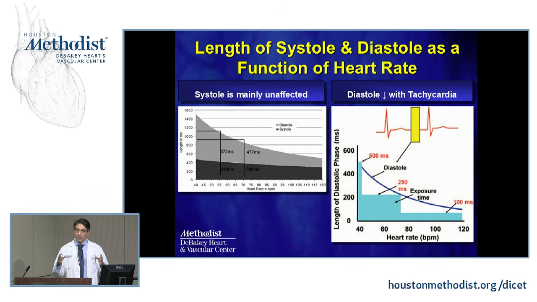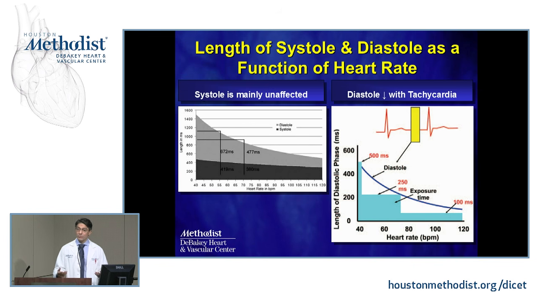But your diastole is very much dependent on your heart rate. As your heart rate speeds up, your diastolic period is very small. This is everything you know from ventricular filling patterns from echo or any other technique. Whereas when your heart rate is very slow, systole is preserved and diastole is prolonged.